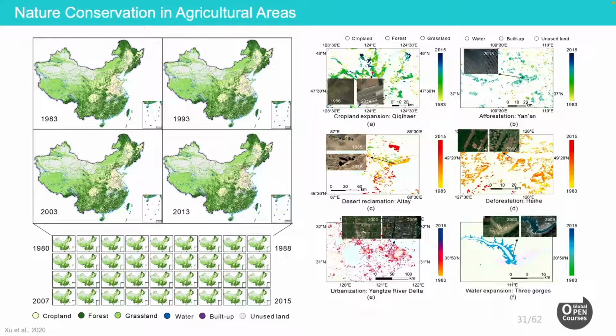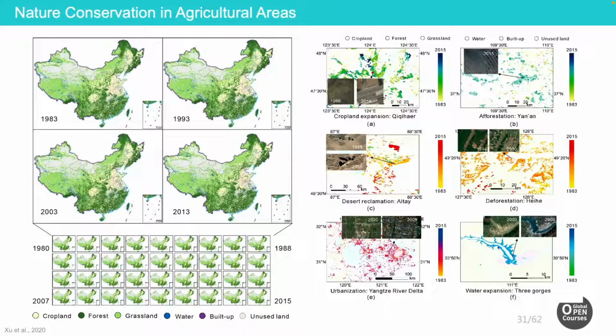For example, here, this is from Qiqihar. You can read from this map that the cropland expansion happened in 2014. This finding can be examined with high-resolution images or field survey.